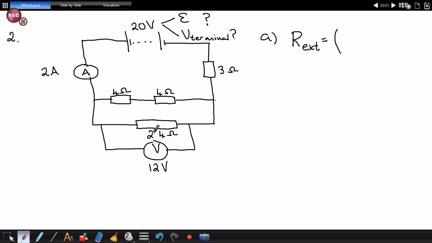Do we have all the values of the resistors? Yes. So can't we just go 1 over 24 plus 1 over 8 to the power negative 1 plus 3? Can't we do that? It's fine, you can take another path. That is logic to you. But consider the time that you take.